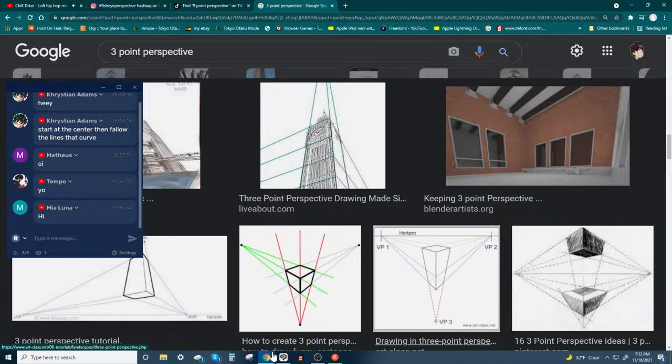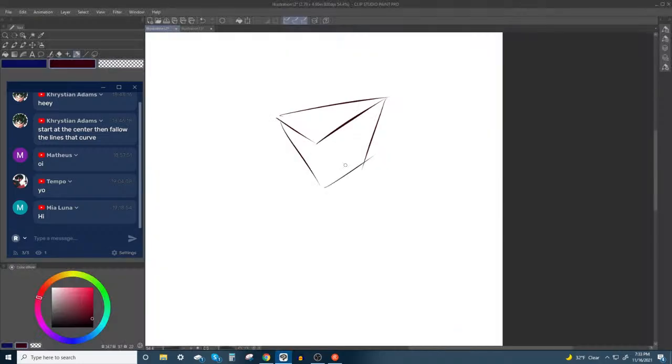Because remember, it's all about the planes. The planes are what brings everything to life, because what you're seeing is 1, 2, and 3. Okay, 2-point, remember, we're only seeing 2 planes.